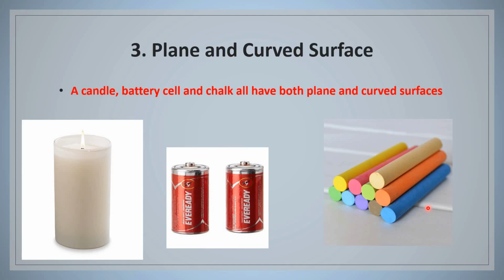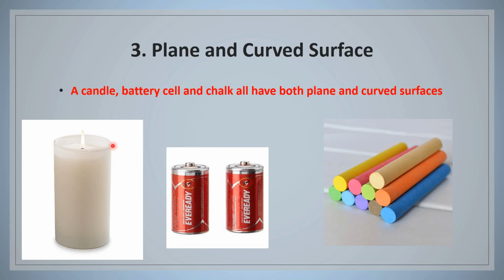And the last type of surface that we're going to do is plain and curved surface. So it's going to be a mix of both, plain, that is flat, as well as curved surface. So candle, battery cell, and chalk all have both plain and curved surface. Now it's a mix of both. So let's take the first example, candle.